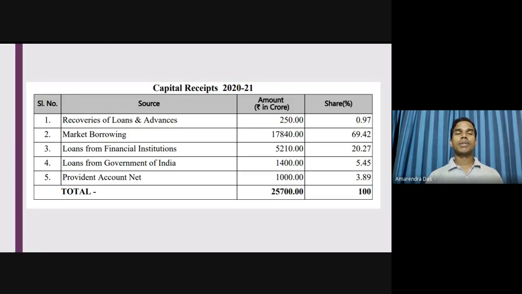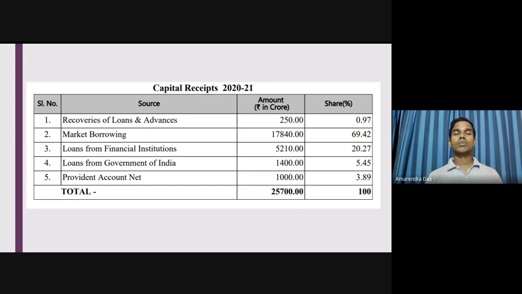Now, under debt capital receipts, we have market borrowing, loans from financial institutions, loans from Government of India, and then provident account net. So the state government can borrow from Government of India, which amount is now very less. Earlier, before the 11th Finance Commission, the state governments used to borrow quite a lot of money from the union government. But now the union government is not giving much money to the state government.